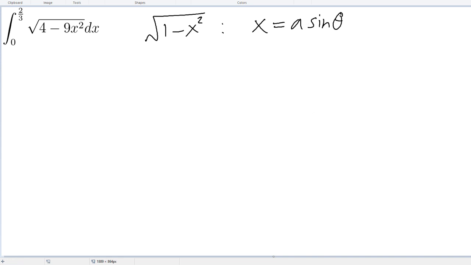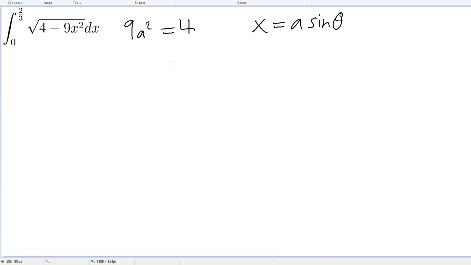Cool. So now our next problem is, what is a? Well, we have our x squared here, so we have 9a squared equal to 4. Don't let this subtraction distract you. So 9a squared equal to 4. What should a be?